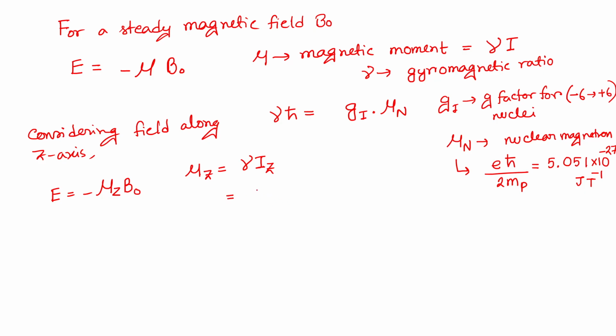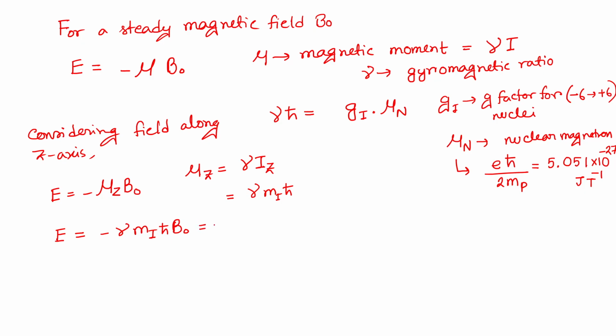You can expand these also if you want. Gamma Iz you already know, that is mi h-cross, and then for a particular spin state it will be minus gamma mi h-cross B0.